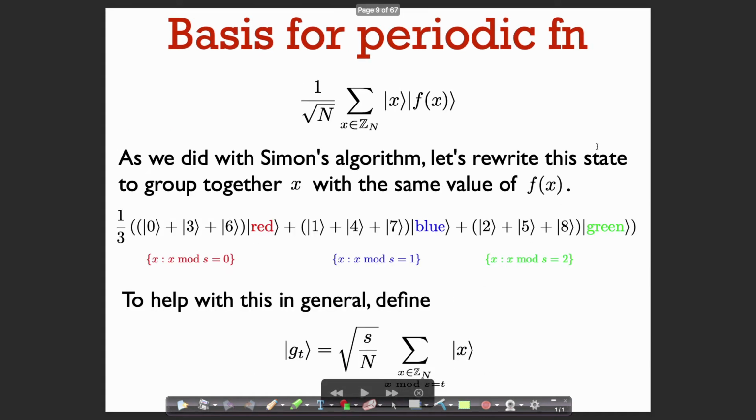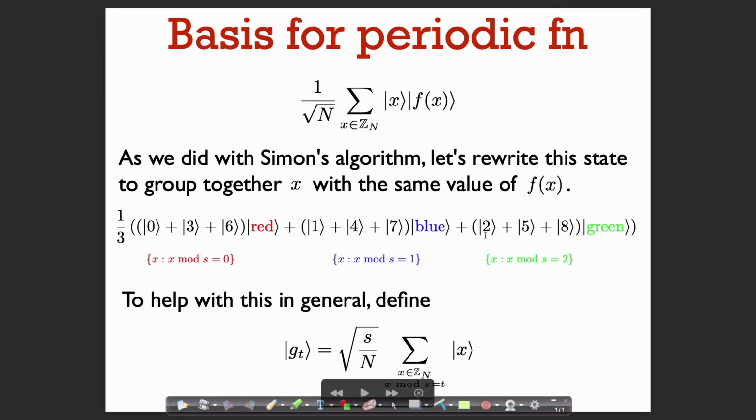Okay, so as we did with Simon's algorithm, we're going to rewrite the state by grouping together the terms by the value of f(x). Here I've put together all the terms where f(x) is red. So which x map to red? That's 0, 3, and 6. Here are all the terms which map to blue, that's where x is 1, 4, or 7.